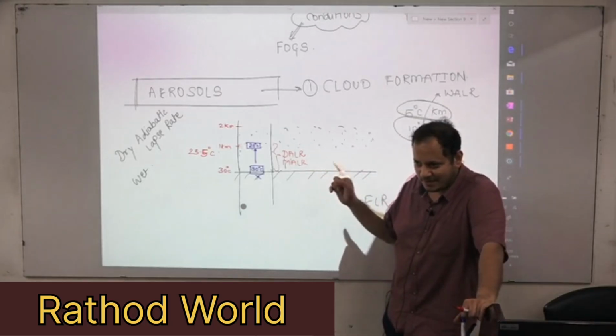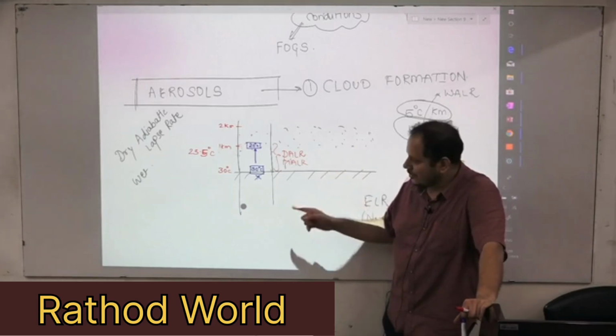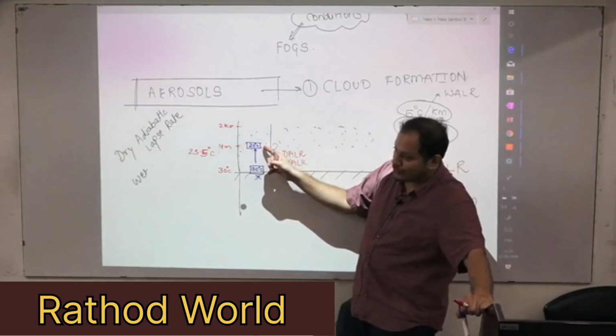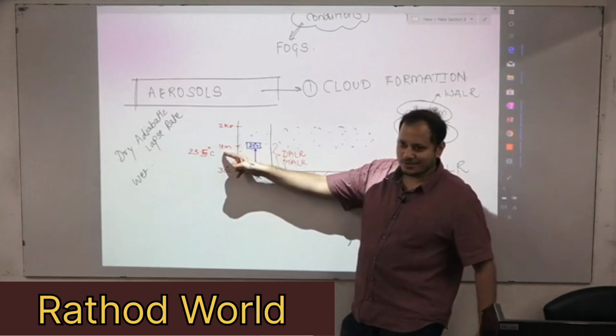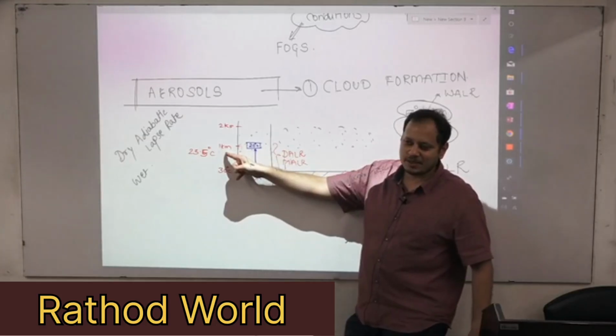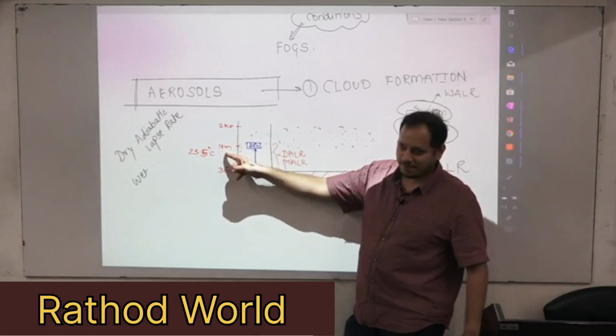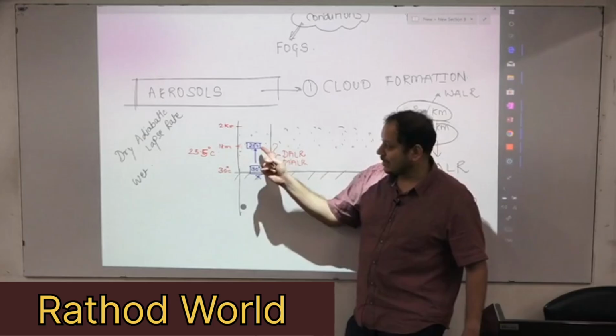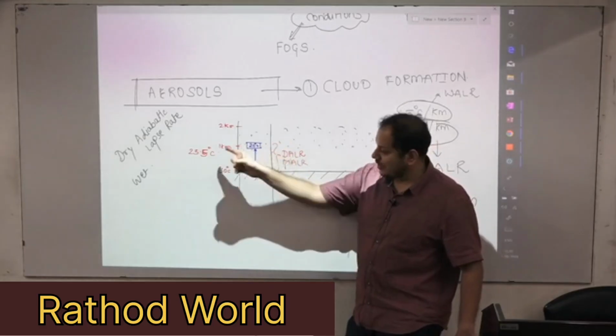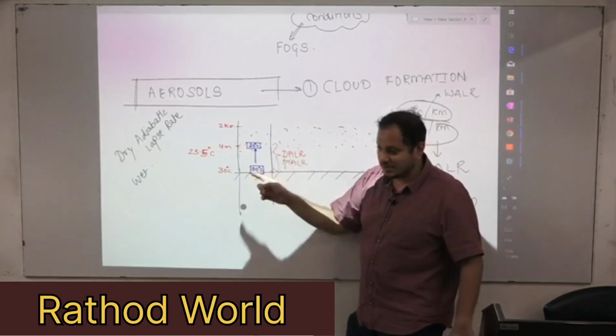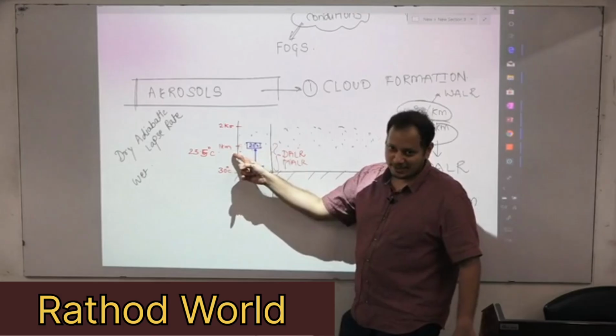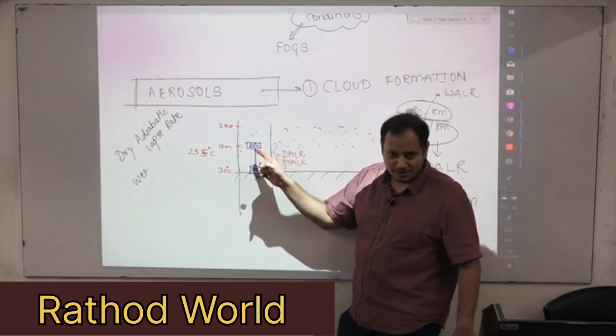Understanding now? 20 degrees Celsius, is it cooler than the surrounding region or warmer than the surrounding region? This parcel of air, is it cooler than the surrounding region? In the surrounding region, what is the temperature? 23.5. This parcel of air, what is the temperature? 20.